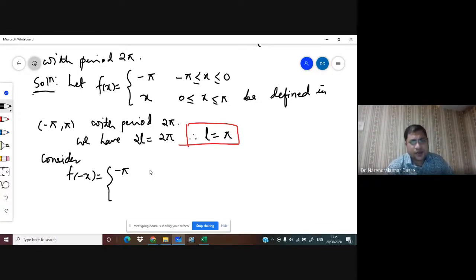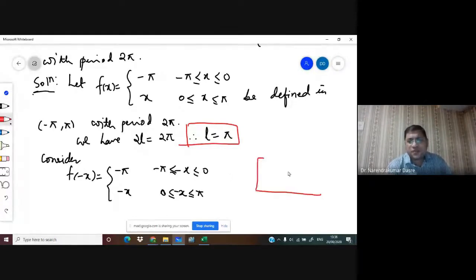So we'll be having minus pi less than minus x less than or equal to 0. This is minus x, 0 less than or equal to minus x less than or equal to pi. Now, to compare with this definition, we need to have x here. And so, how are we able to get x here? So, we know about inequalities.